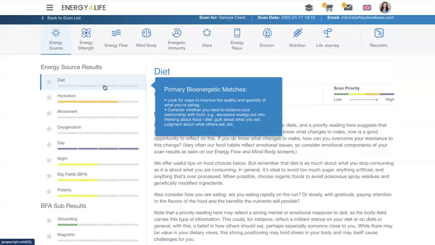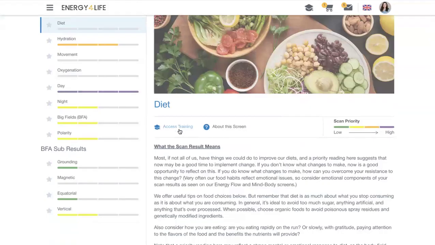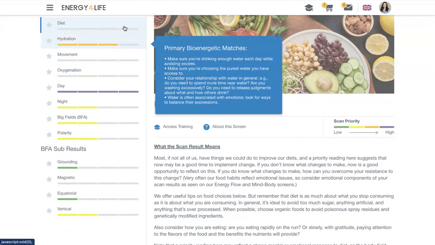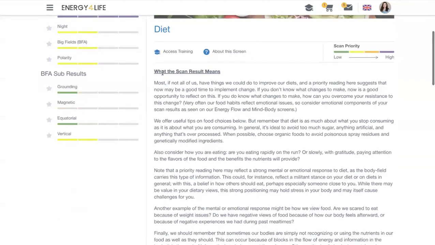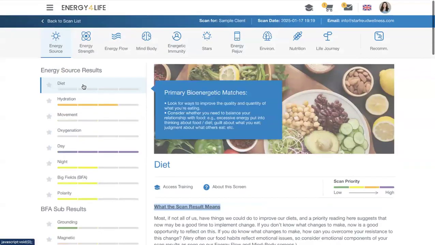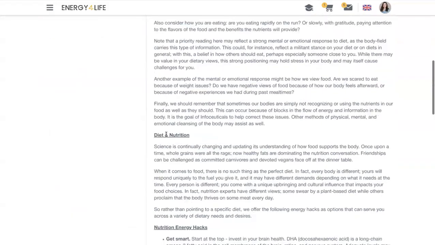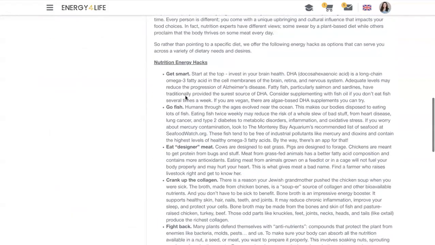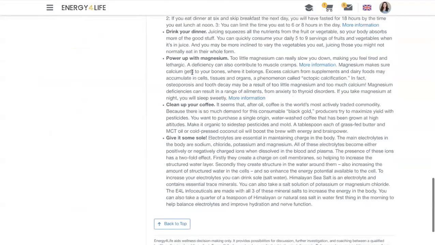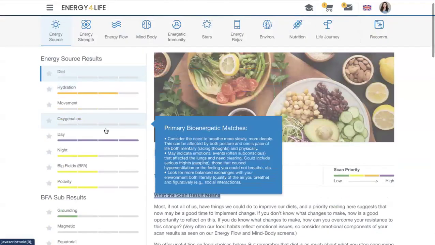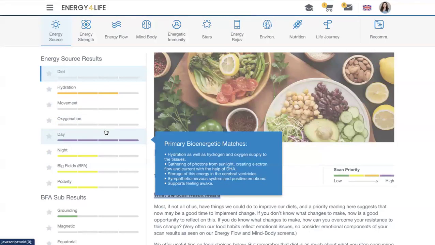And then you can also click on where you can access training to explain more what the screen explains or what it's about. And a help file is provided below to explain what the box selected is about, and elaborating information as well as providing hacks and information on how you can look at creating more balance to that, aka trying to get the purple down, right?